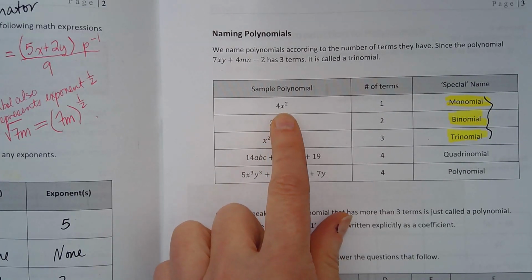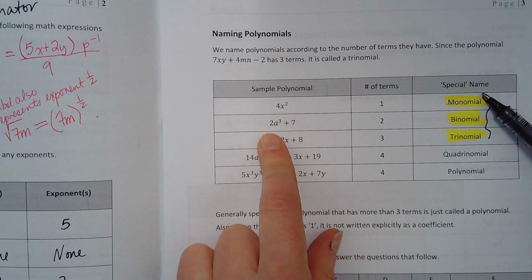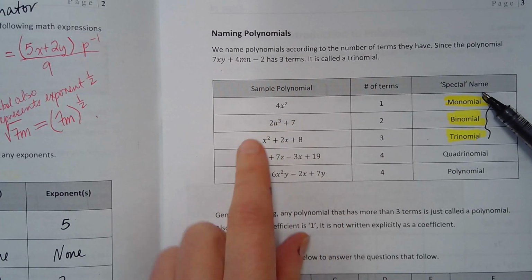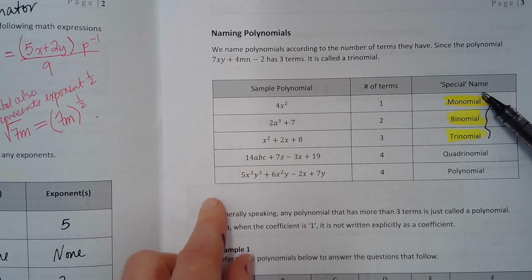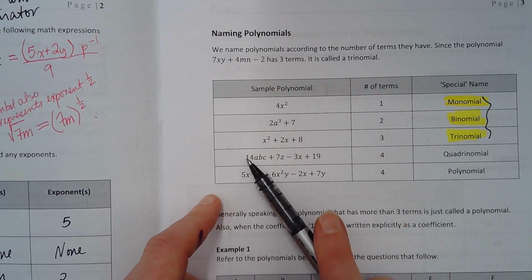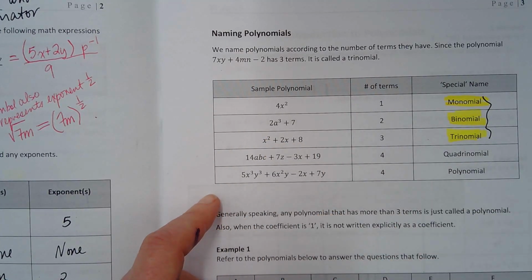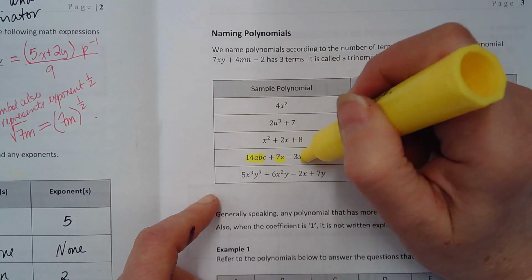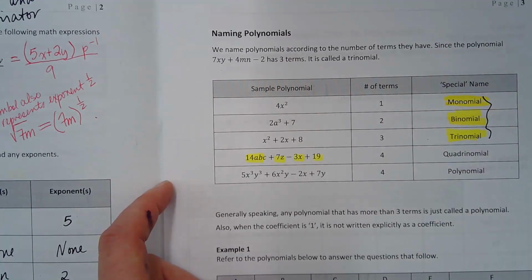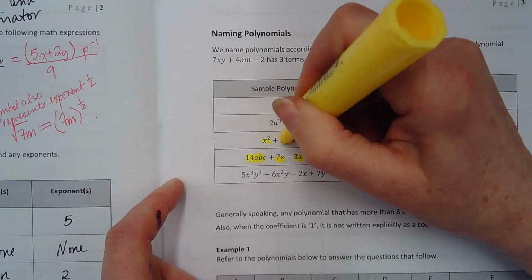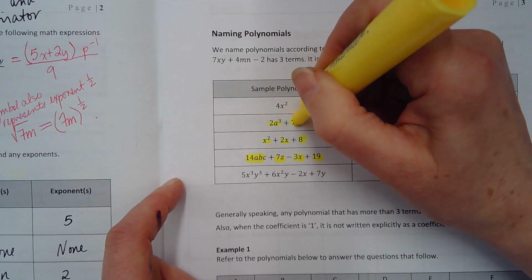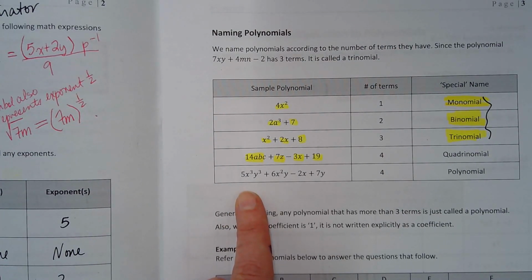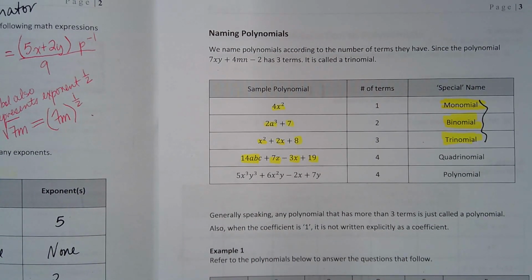So a monomial has 1 term, a binomial has 2. Can you see how it's separated by the plus sign? This has 3 terms. This one has 4 terms. Can you see 1 term, 2 terms, 3 terms, 4 terms? Okay, maybe I'll do that. These are your 3 terms. These are your 2 terms. This is your 1 term. Polynomials can consist of thousands of terms, I guess.